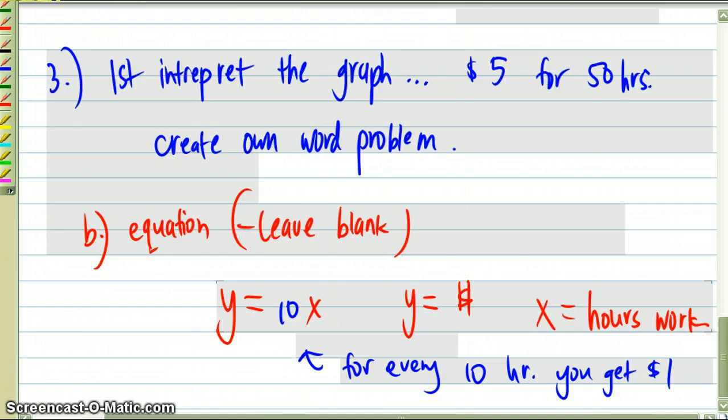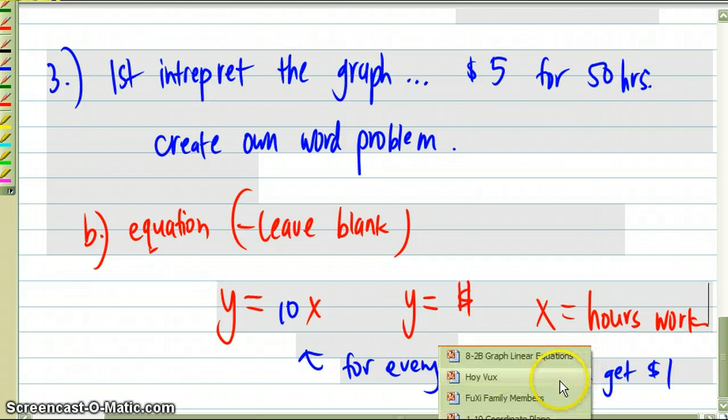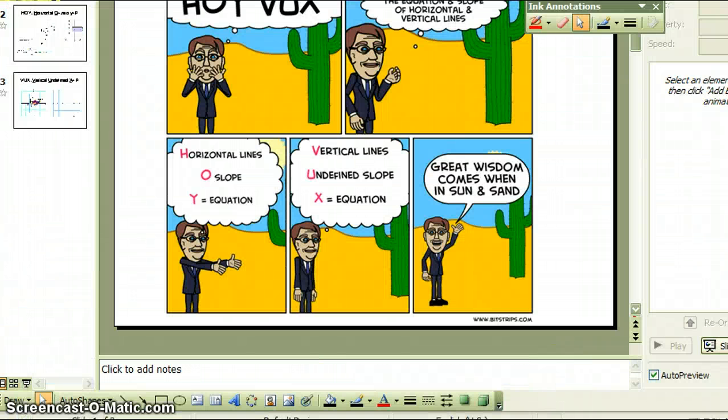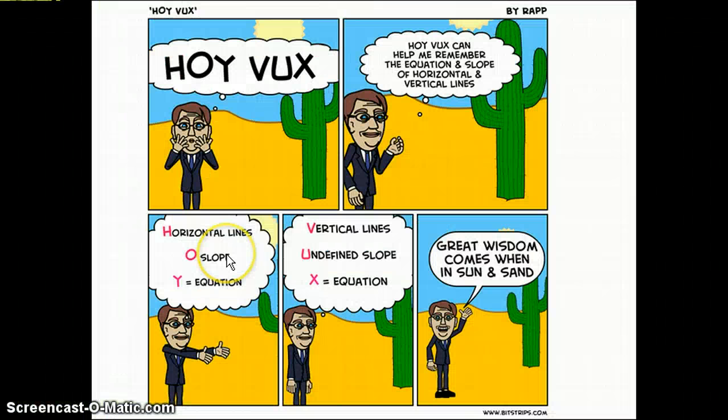Actually, I do want to briefly go over HOY VUX with you. Here's a little comic strip that says HOY VUX. He's thinking, HOY VUX can help me remember the equation and slope of horizontal and vertical lines. That is what HOY and VUX stand for.